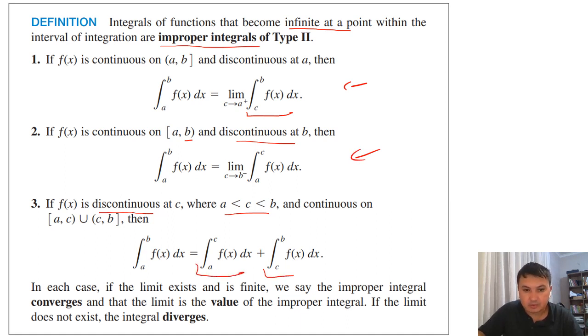And again, as before, once I carried out these integrals or limits, if the limits exist and happen to be finite, I call this integral convergent, and otherwise I call this improper integral divergent.